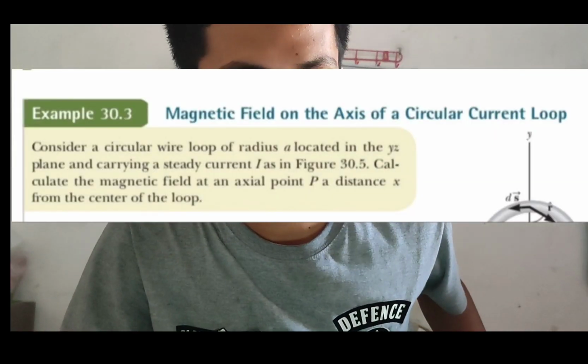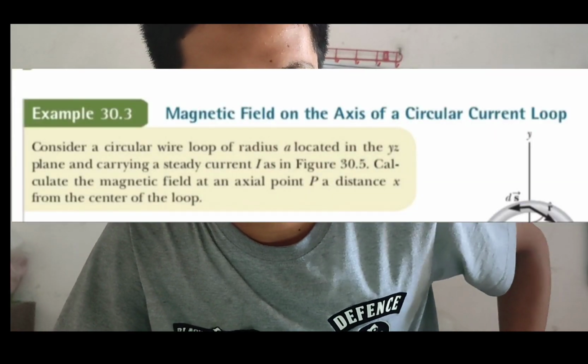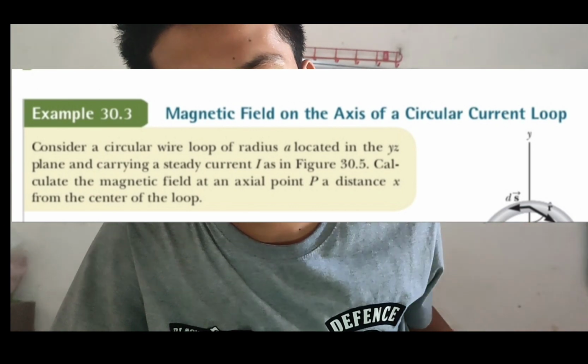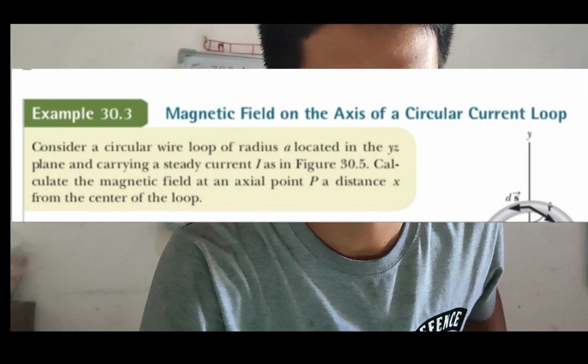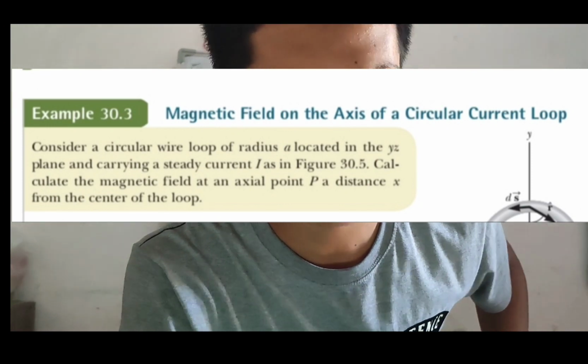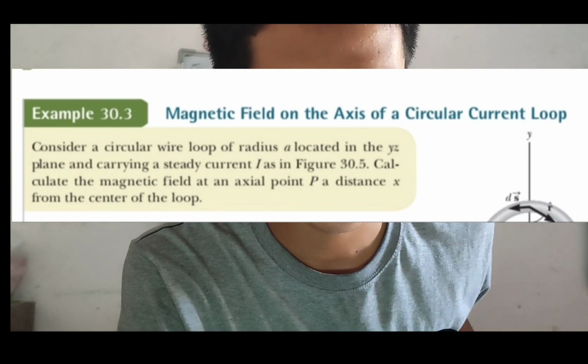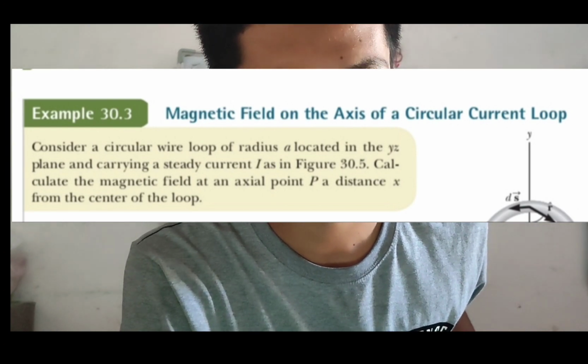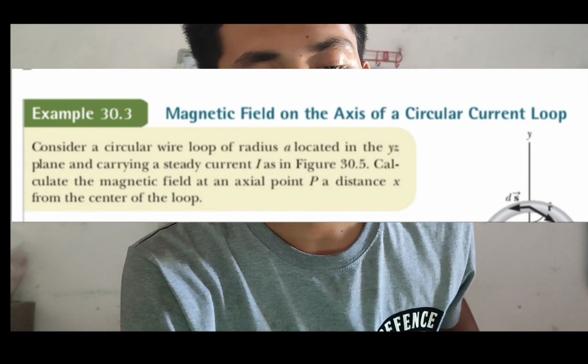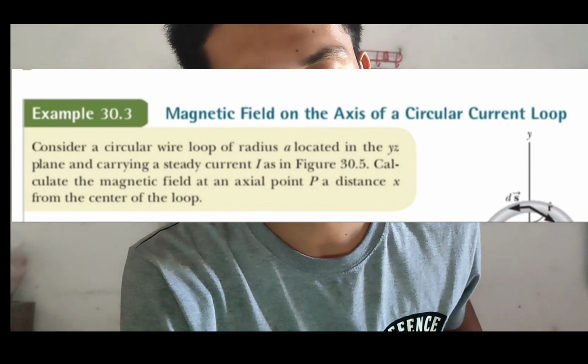Example 30.3. Magnetic field on the axis of a circular current loop. Consider a circular wire loop of radius a located in the YZ plane and carrying a steady current I, as in figure 30.5.